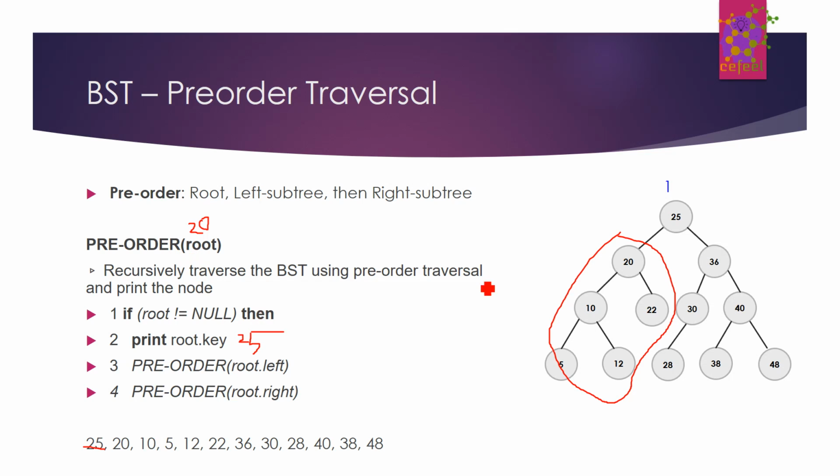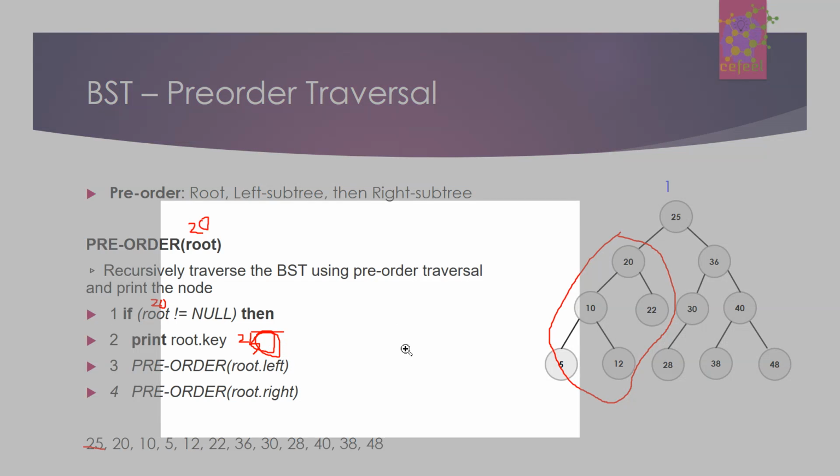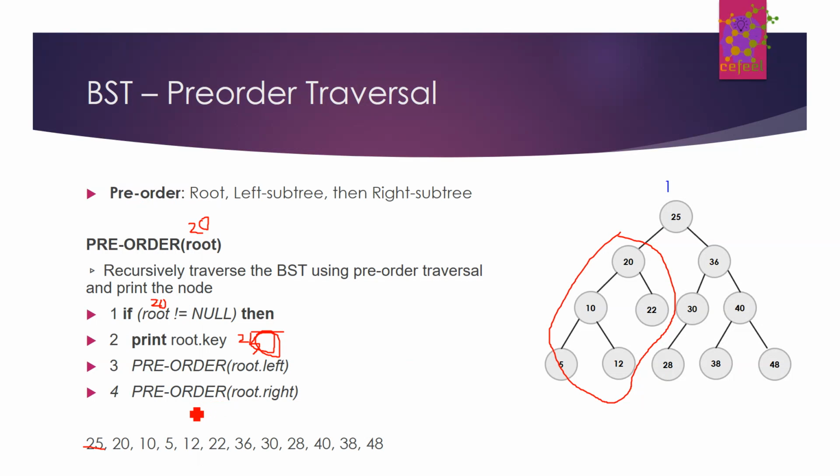Once this subtree is called recursively, it will check again if root is not equal to null. Root is 20 here, so 20 is not null, and hence it will print 20. So the next node that will be printed is 20.